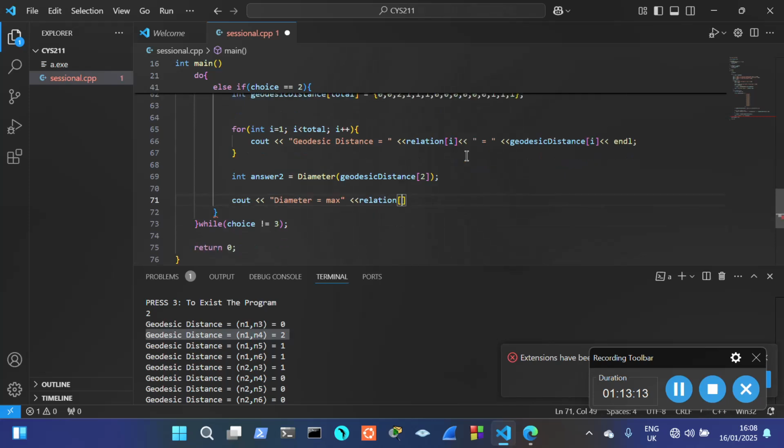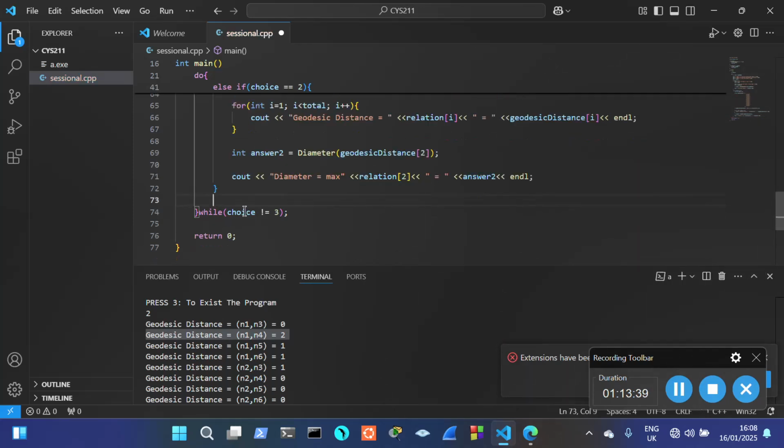So we are going to say 2, that's the position, okay? Once we are done with the relation, we want to make sure that now we have an equal sign. That equal sign is going to give us the answer of the geodesic distance, which is 2, which is answer 2. So here I can end the line.